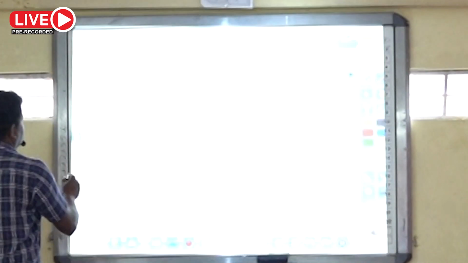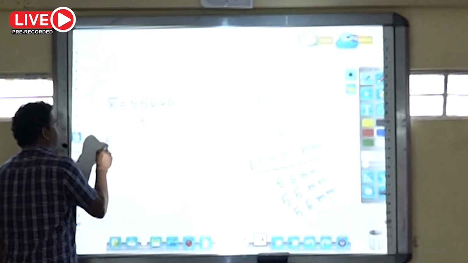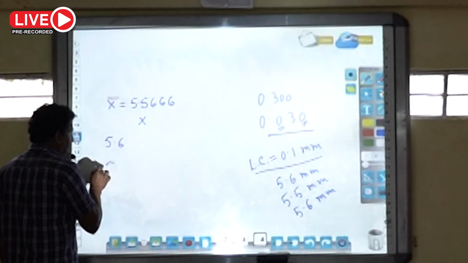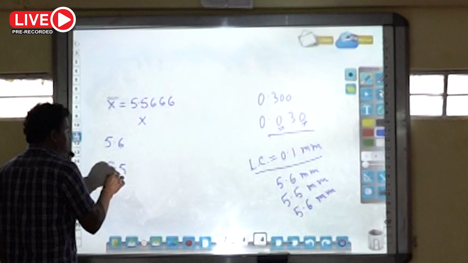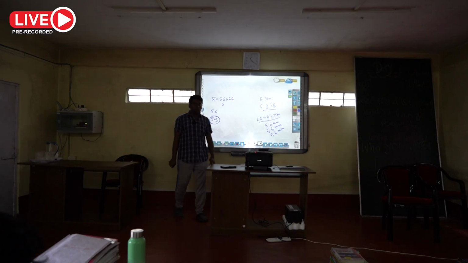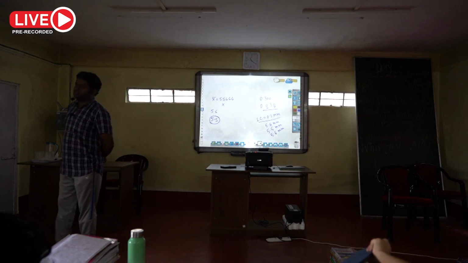Now what? See, I am saying that the earlier data is incorrect, and that 5.6 is also not that correct. The absolutely correct measurement is this one. According to experimental technique, this is the most correct answer. Now what?